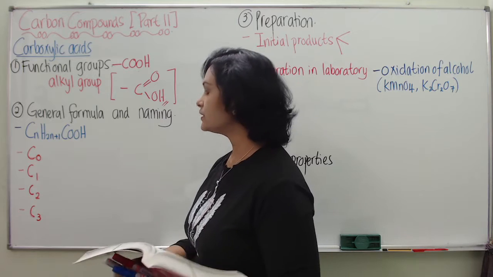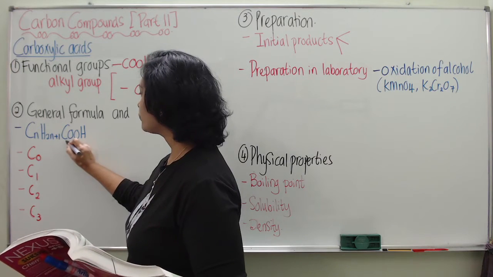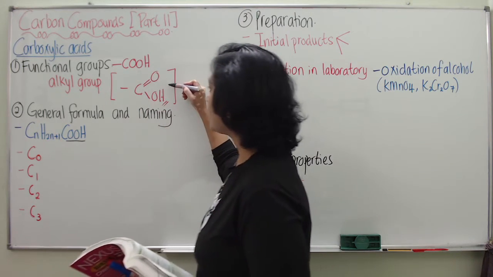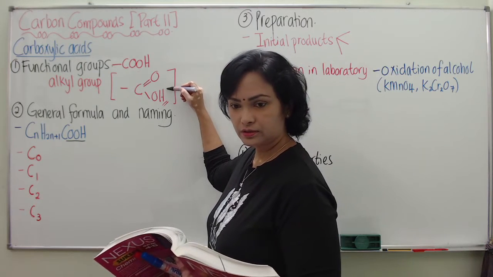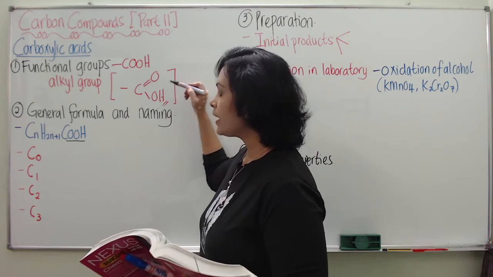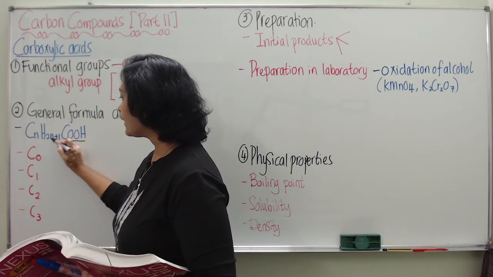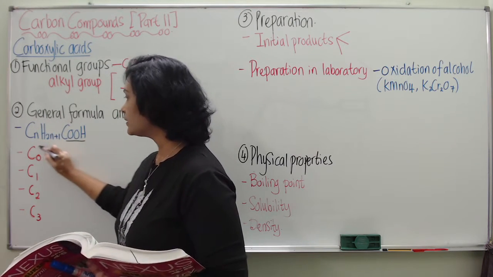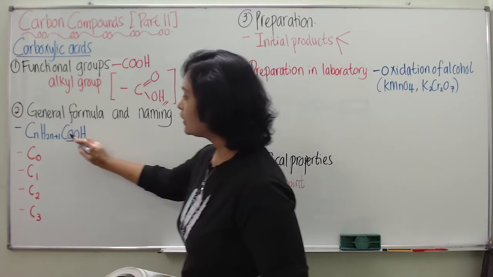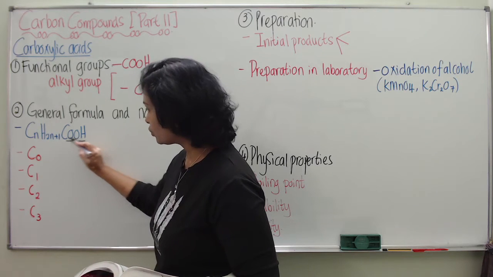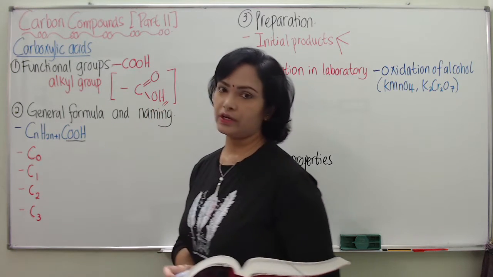Now this is what we call the alkyl group that I introduced beforehand. CnH2n+1, these are the functional groups. These are the covalent groups.